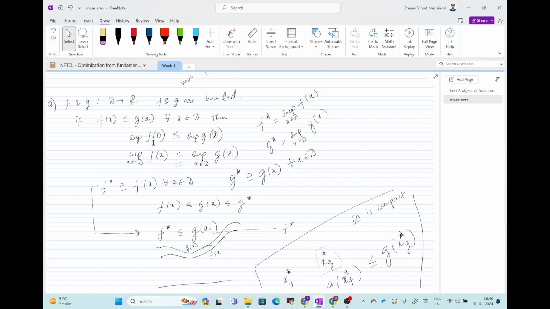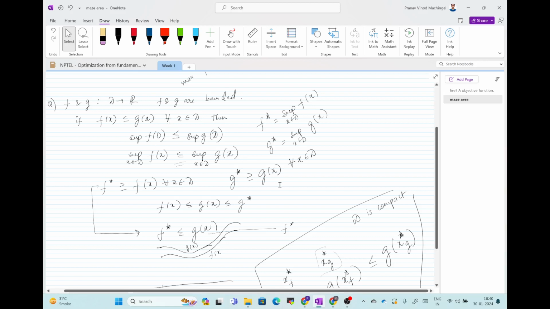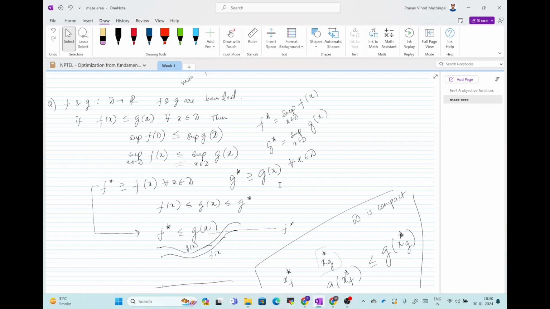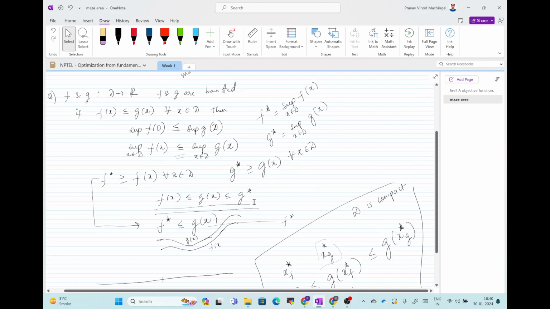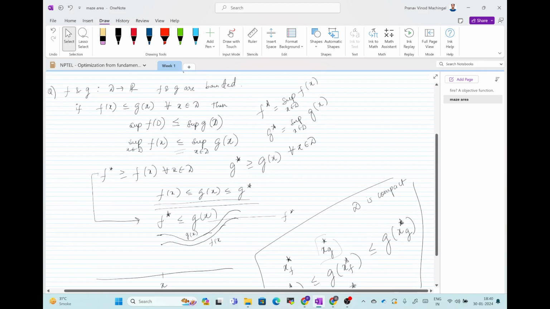If it is bounded, the lowest point of this bound, f of D, should be less than or equal to g of D, wherever it reaches, because it is bounded below. I think from this part we can easily answer.